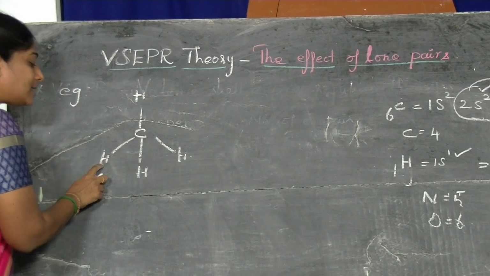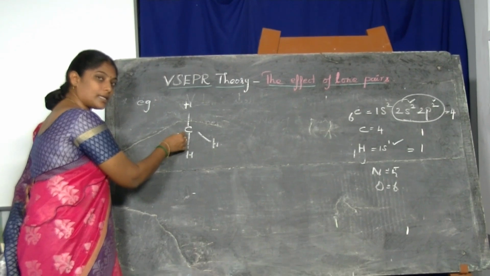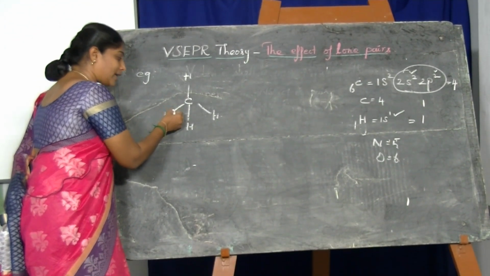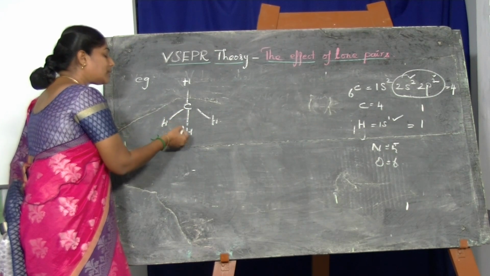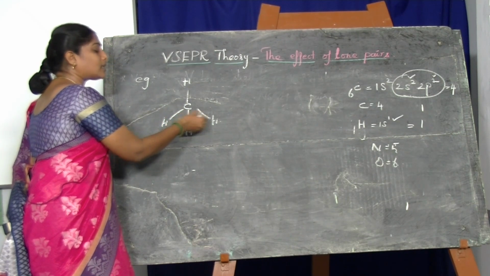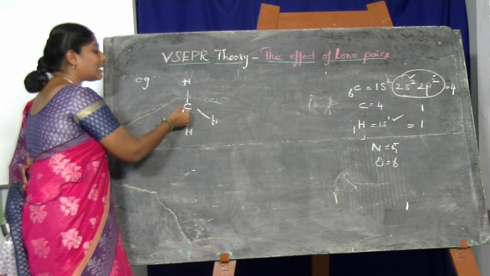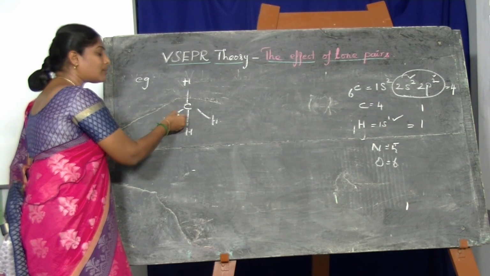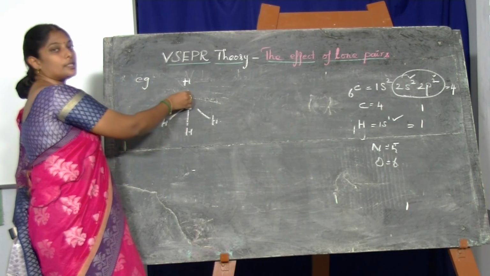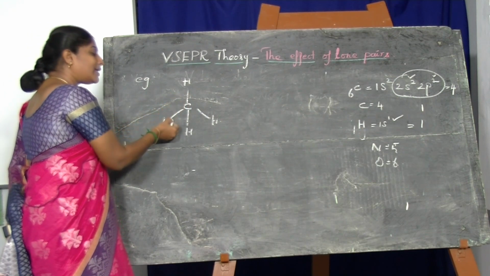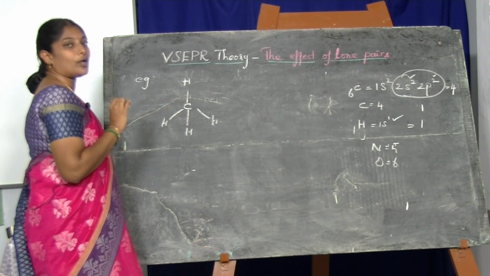So it donates its 1 electron to this bond. Actually this bond consists of 2 electrons. So hydrogen donates its 1 electron and carbon donates its electron to this bond. Similarly, this hydrogen donates 1 electron. Carbon donates its 4 electrons, 1 electron to this bond, another electron to this bond, and so on. So here all are bond pairs. There is no lone pair here.